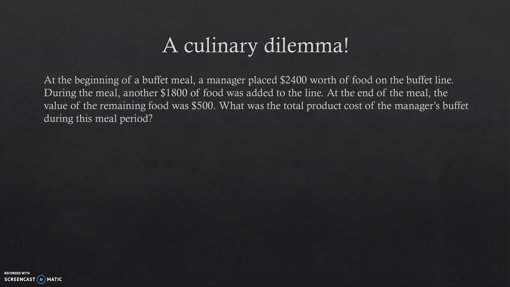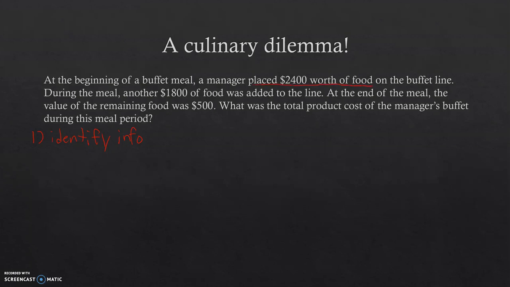So remember, the first step is identify the given info. So, what you can do is pick one color, and we're going to underline all the important pieces of information.